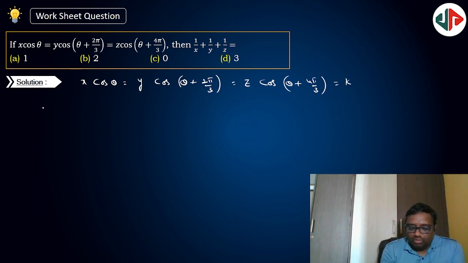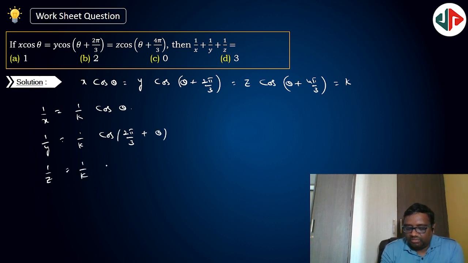Now from this, what is the value of 1 by x? 1 by k times cos theta. 1 by y is 1 by k times cos of (2 pi by 3 plus theta). 1 by z is 1 by k times cos of (4 pi by 3 plus theta).